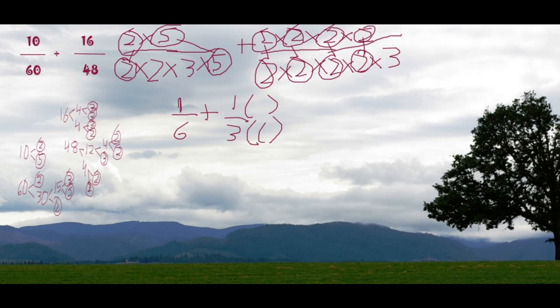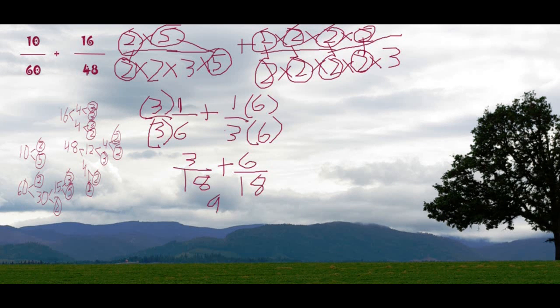So this will be 6, this will be 6, this will be 3, this will be 3. 1 times 3 is 3, 3 times 6 is 18, plus 1 times 6, 6, 3 times 6 is 18, and I get 9 over top of 18.